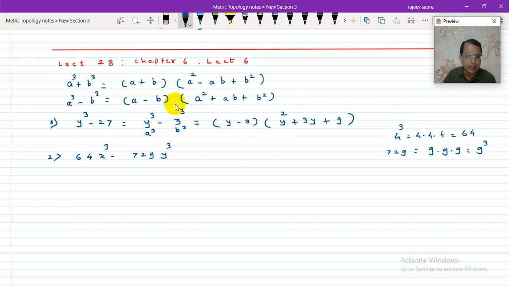So this quantity I can write as (4x) raised to 3 minus (9y) raised to 3.